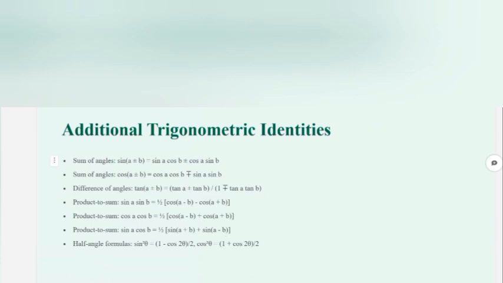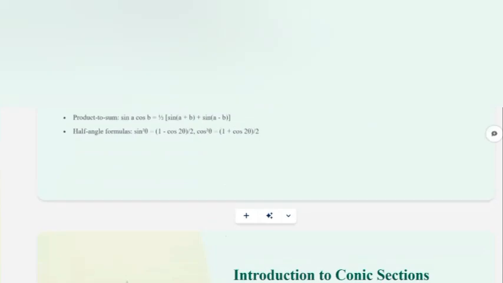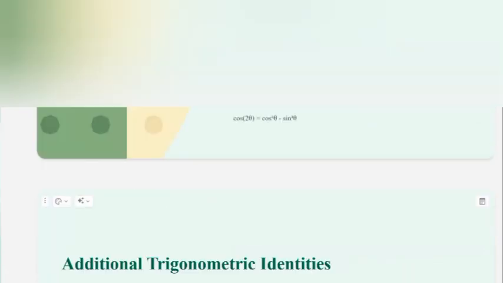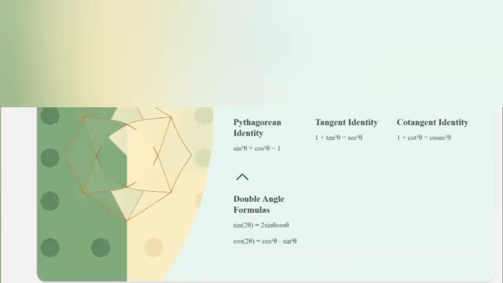So, yeah, sum of angles for sine, sum of angles for cos, difference of angles for tan, product to sum, half angle formulas. Just make sure you take your time as thoroughly as possible. And then you can even do checks with it. For example, I'm telling you that sine squared theta plus cos squared theta is 1. Sine squared theta means you do sine theta and it's squared, right?